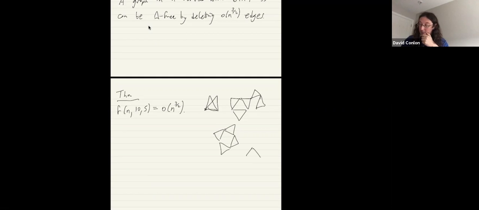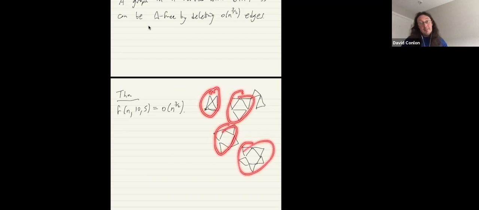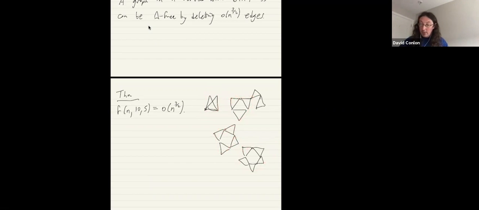Because in any of these cases, we can just increase the graph or add some extra pendant edges to get a 10-5 configuration. So in practice, we've banned cycles of length 2, 3, 4, and 5. Again, this can be stated in terms of girth.